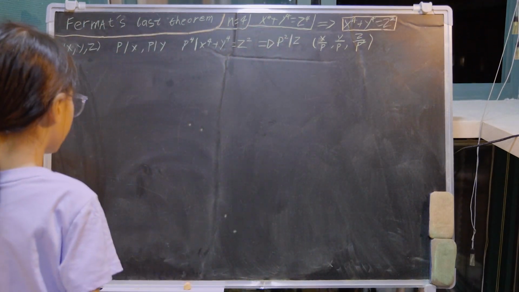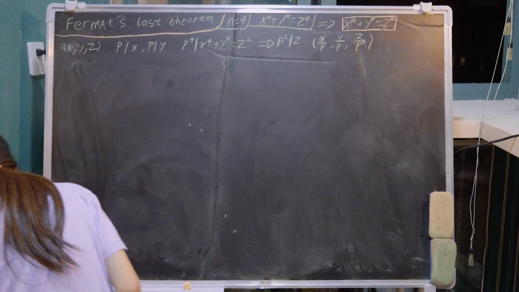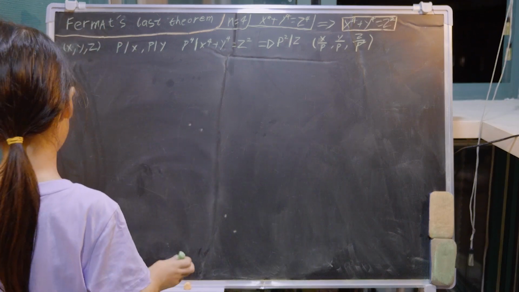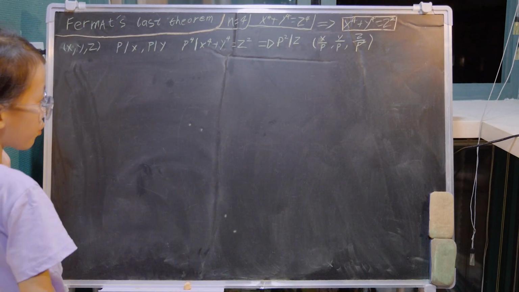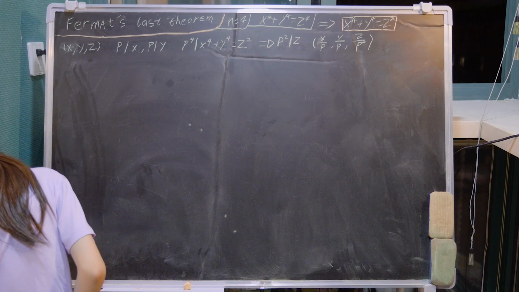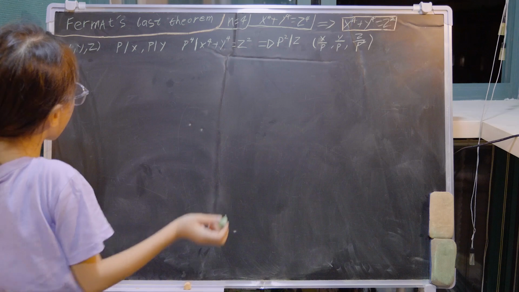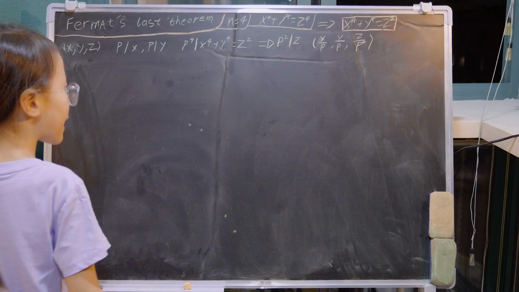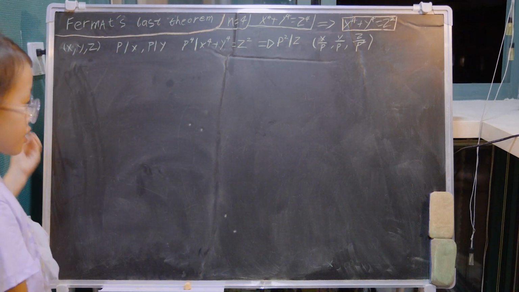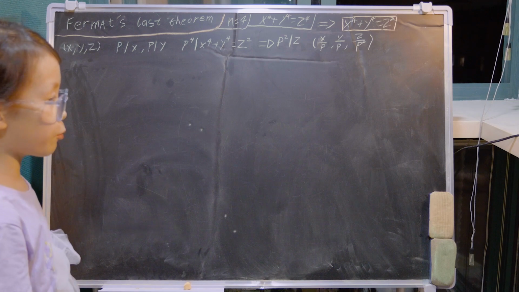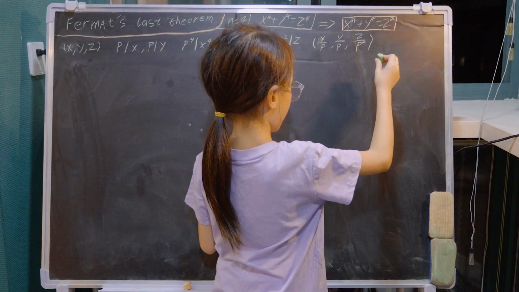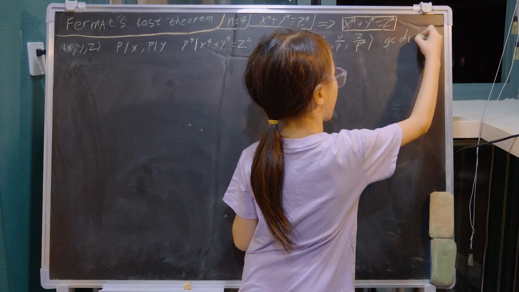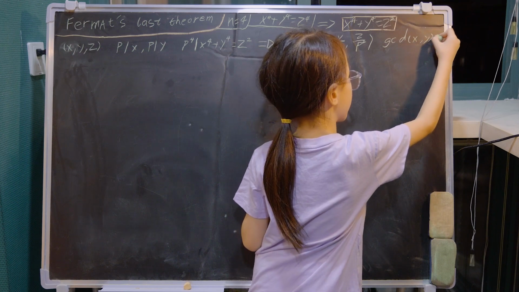Proceeding in this manner, we can find a solution with x and y relatively prime. I just said that solution is x, y, and z. So let's write: the greatest common divisor of x and y is equal to 1.